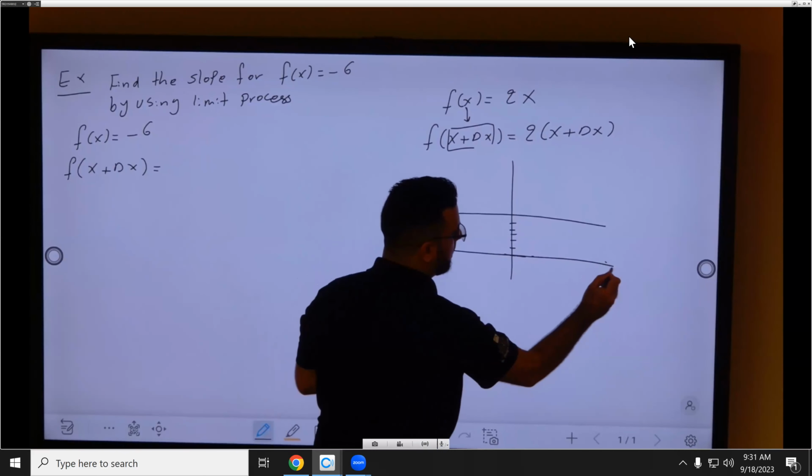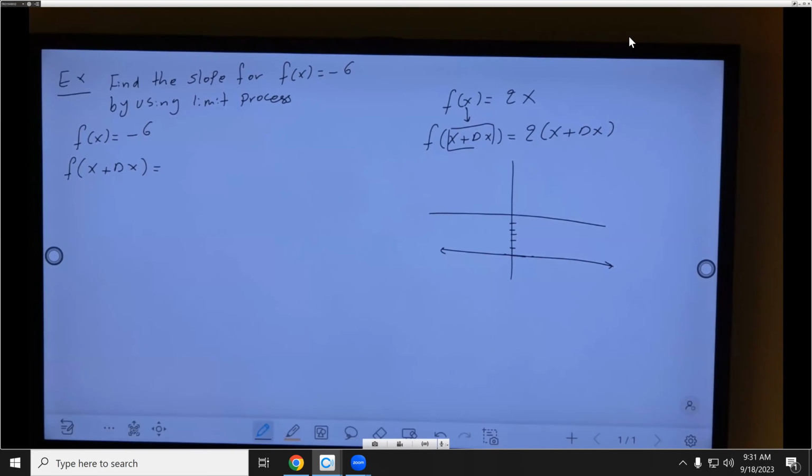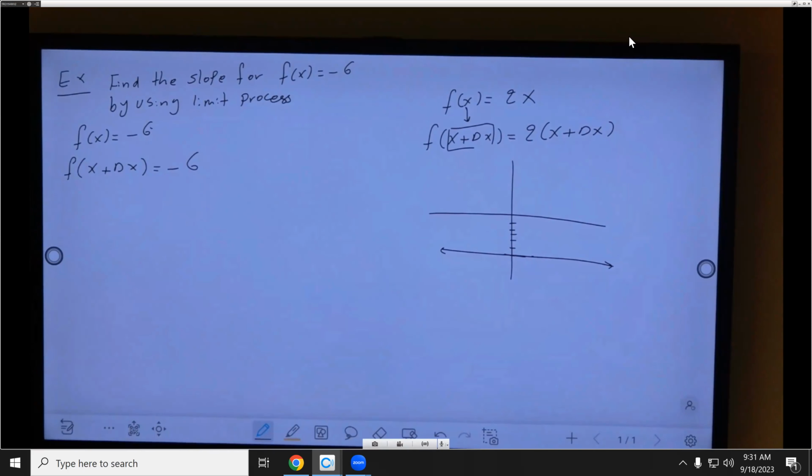It's a constant function, okay? On -6. That means f of x is -6. What about f of x plus delta x? Do you have an x here? No. Can you see an x here? No. That means it's going to be the same number, -6.